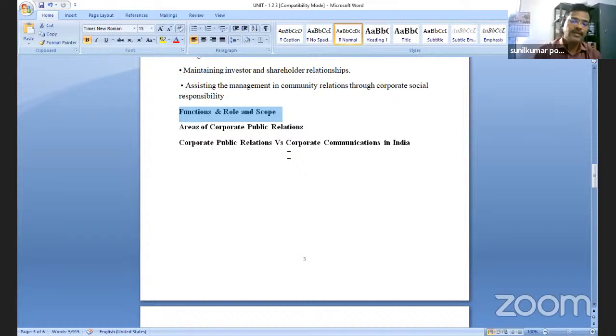Both are interrelated, and both divisions' personnel have to work in coordination. Public relations is the oldest word, from some 150 years ago, but it is now a little bit revised, so we are now calling it corporate communication.